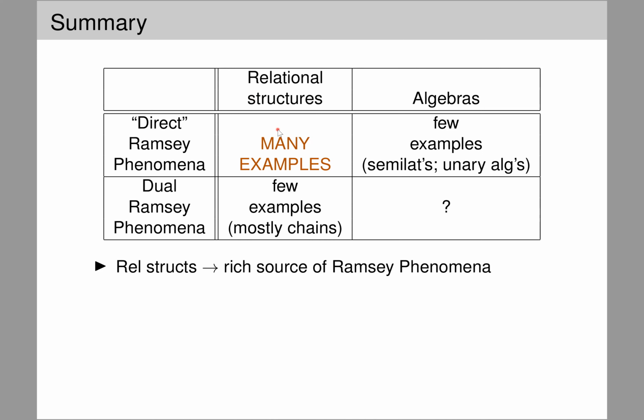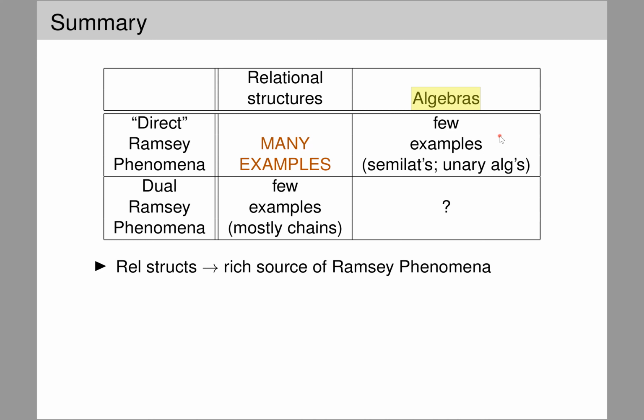So basically, you take any relational structure, add some kind of reasonable linear ordering, and you'll end up with the Ramsey property. Finite Ramsey degrees, infinite Ramsey degrees, everything is fine for relational structures. However, in the case of algebras, there are only a few examples. It's usually semi-lattices or unary algebras which somehow resemble relational structures or can easily be turned into relational structures.